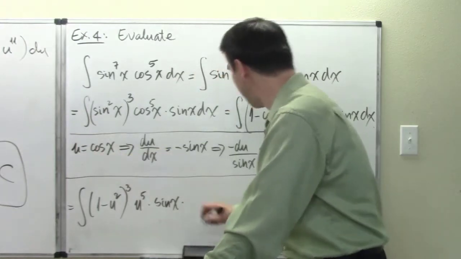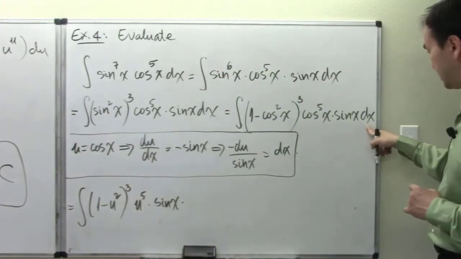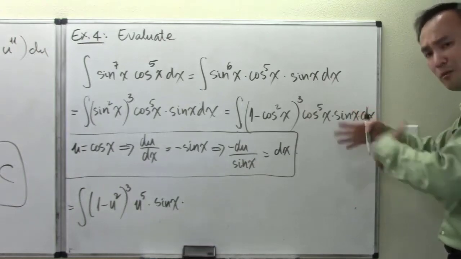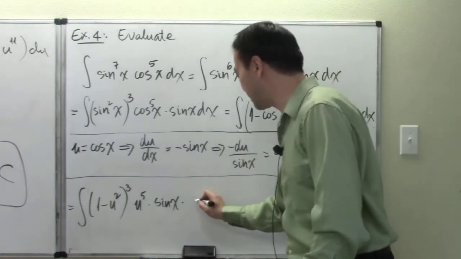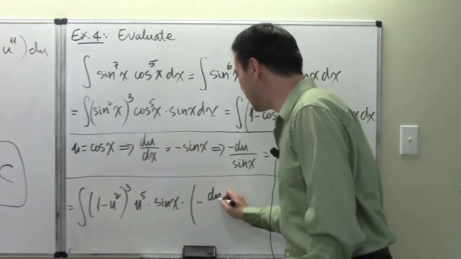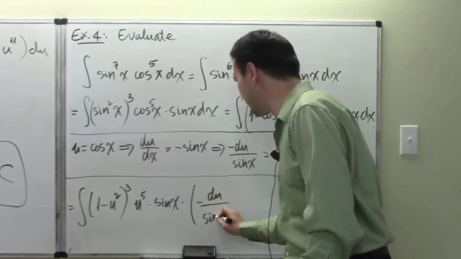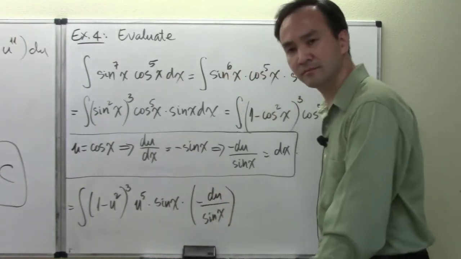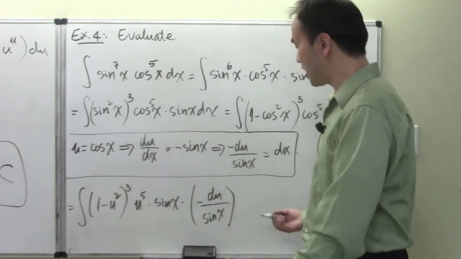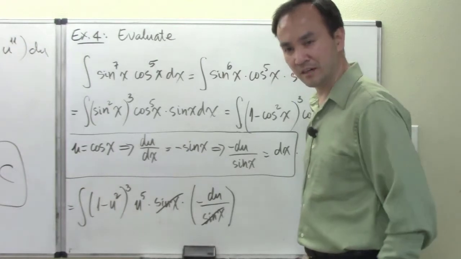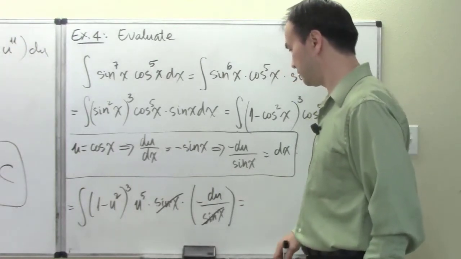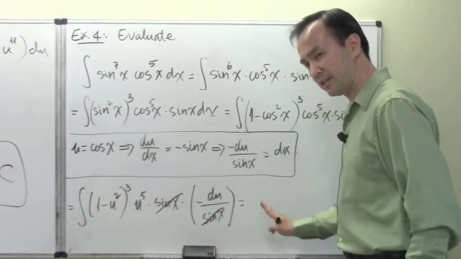But dx here does get substituted, and by the way, they're all multiplication, as you already know. So dx here is substituted by a negative du over sine of x, and in that way, sine of x got canceled.